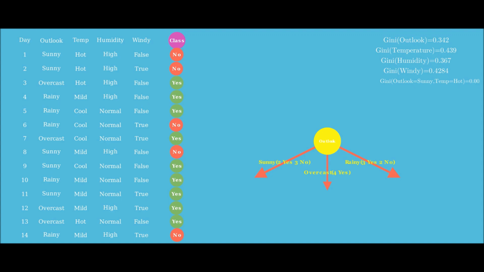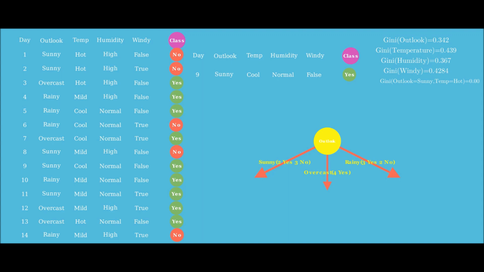That means that for sunny and hot, all classes are of the same type. And see that here for sunny and temperature cool, there is only one instance which is yes.